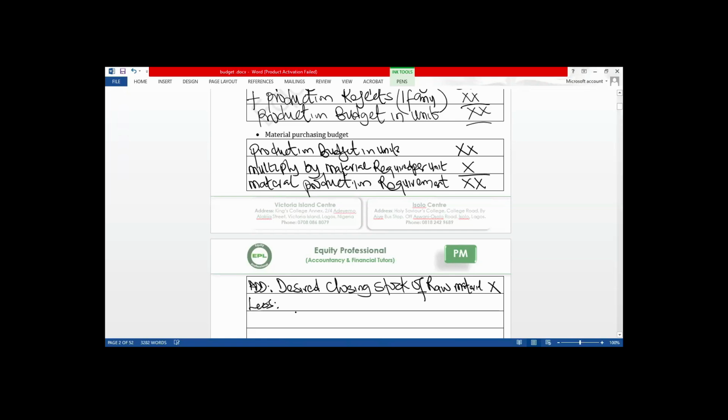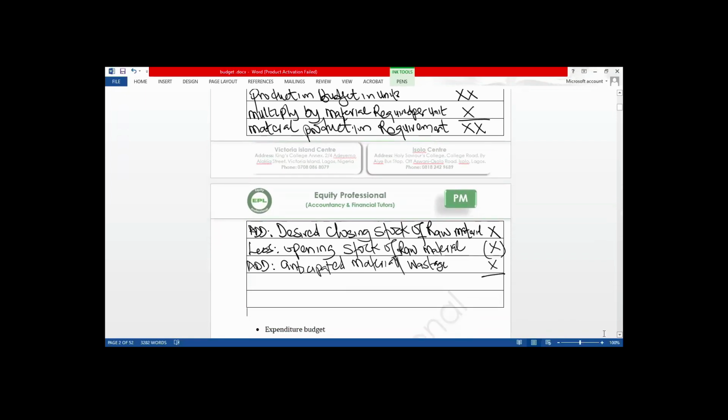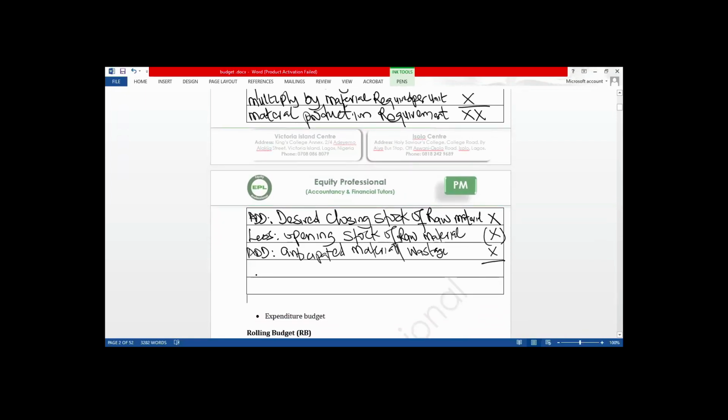Then less opening stock of raw material. Less this figure. You are going to get a figure. Then add anticipated material wastage. The total will give you raw material purchase budget in units or in kg.